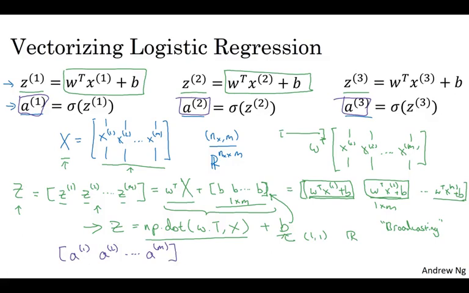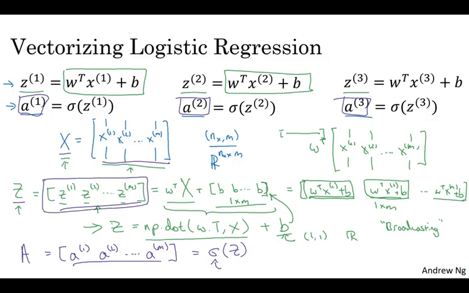And just as stacking lowercase x's resulted in capital X, and stacking means stacking horizontally, stacking lowercase z's results in capital Z, stacking lowercase a's is going to result in a new variable which we're going to define as capital A. And in the programming assignment, you see how to implement a vector-valued sigmoid function so that the sigmoid function takes this capital Z as input and very efficiently outputs capital A. So you see the details of that in the programming assignment.